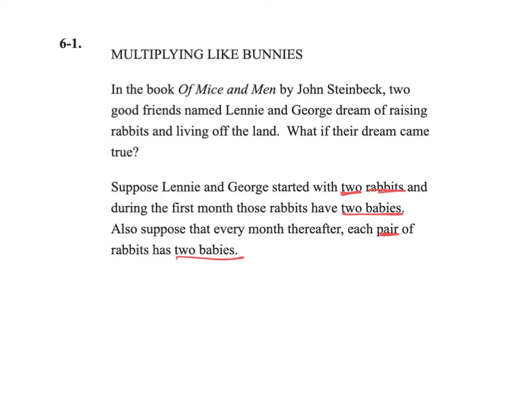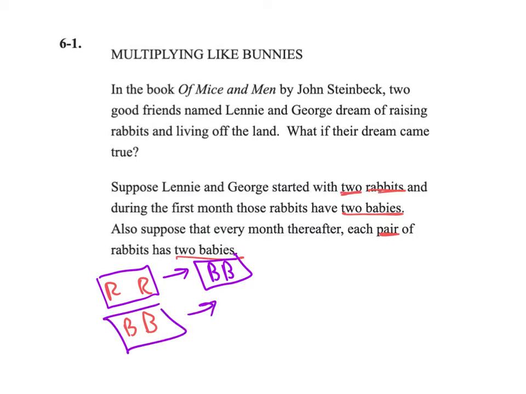So you have 2 rabbits, and they have 2 babies. But now the next month, each pair of rabbits has 2 babies, meaning that these 2 rabbits would have 2 babies. Let's do that, B for babies. And this pair of rabbits would also have 2 babies.